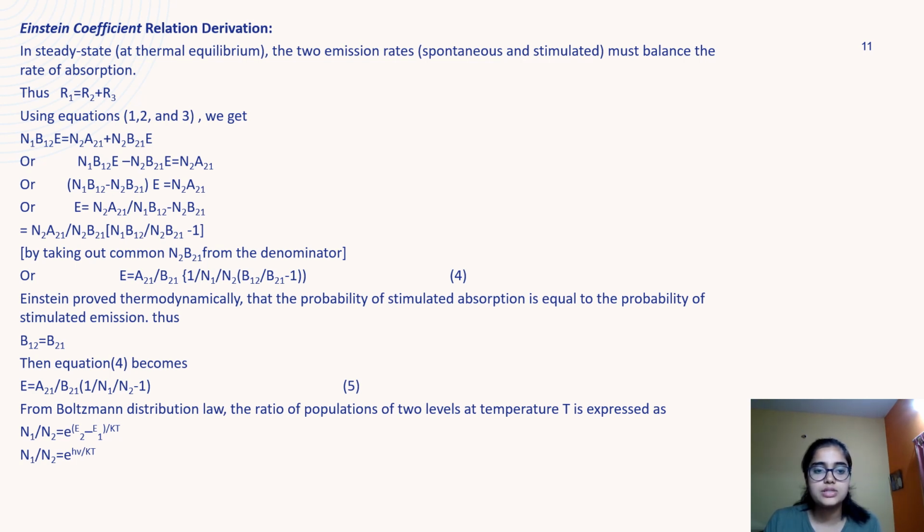From the Boltzmann distribution law, the ratio of populations of two levels at temperature T is expressed as N1 by N2 is equal to e power (E2 minus E1) by KT. Further, E2 minus E1 can be written as h mu, so N1 by N2 is equal to e power h mu by KT.